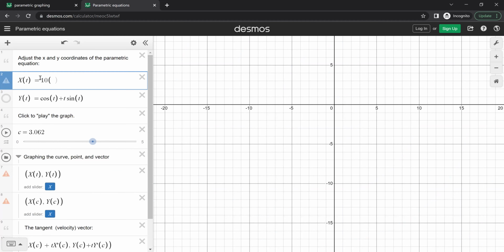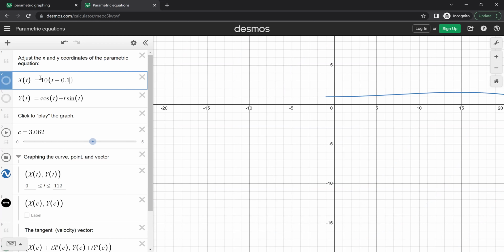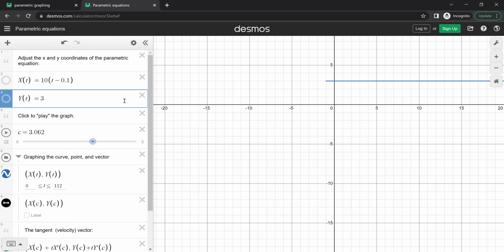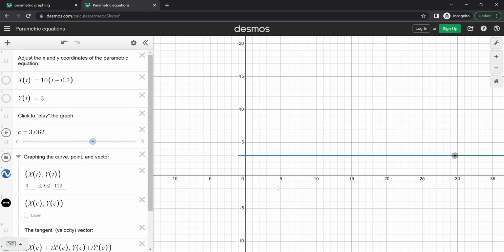10t minus 0.1, and then y is always 3. Okay, and then this is the graph of it. See how far this goes out.